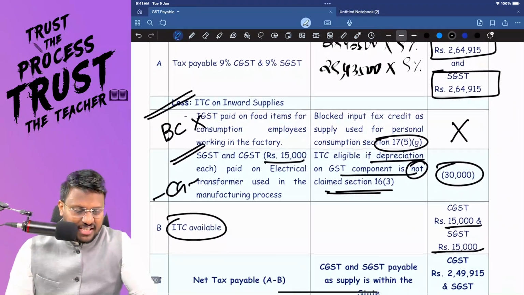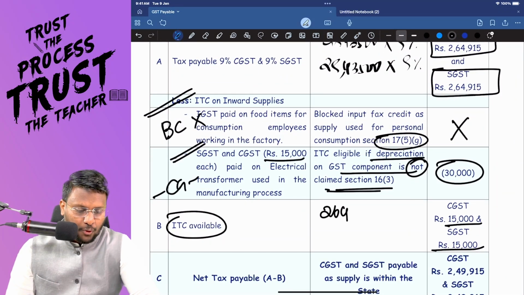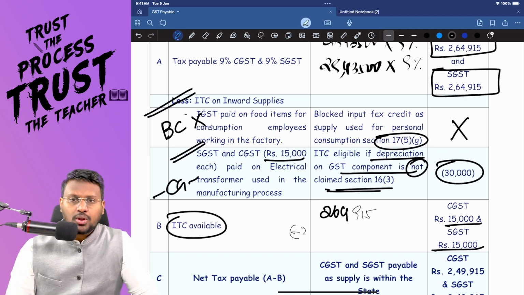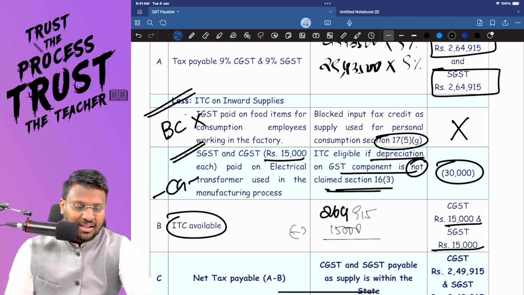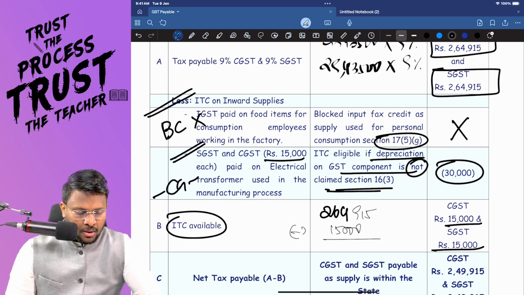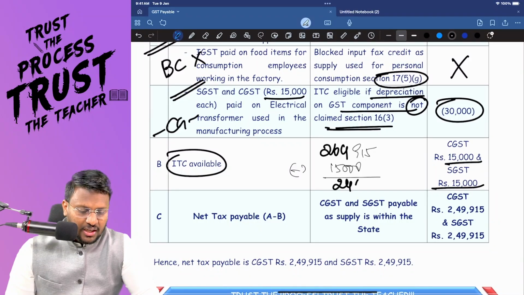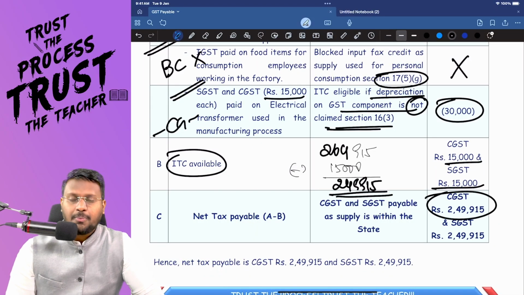What is the CGST payable? 2,64,915. From 2,64,915, if you reduce 15,000, what mathematical answer are you getting? 2,49,915 is the net CGST payable.